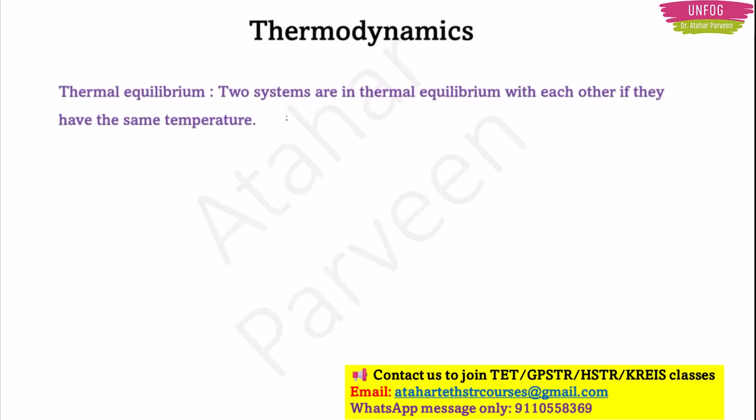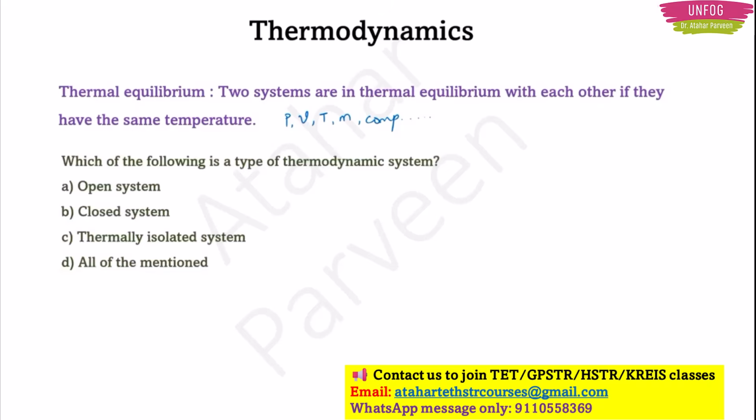What are the macroscopic variables? We told pressure, volume, temperature, mass, composition, etc. All these will not change with time. For example, you have two systems. You say those two systems are in thermal equilibrium with each other if there is no change in temperature, meaning if they have the same temperature. If the two systems have the same temperature, then you can say those two systems are in thermal equilibrium. In the same manner, you can say it for pressure, volume, mass and all that also. So this is what thermal equilibrium is.